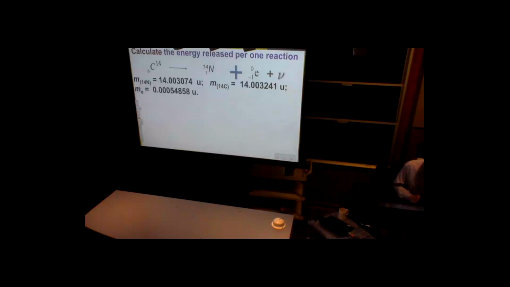14.003241 minus 14.003074. So the energy release will be equal to this, in millions of electron volts.